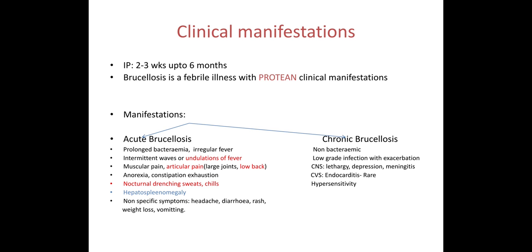Central nervous system and CVS symptoms may be seen in chronic brucellosis like lethargy, depression, very rarely meningitis could be the only presentation also. Endocarditis, though very rare, can be the only presentation in chronic brucellosis. Patients with chronic brucellosis exhibit a type 4 hypersensitivity reaction to brucellar antigen.